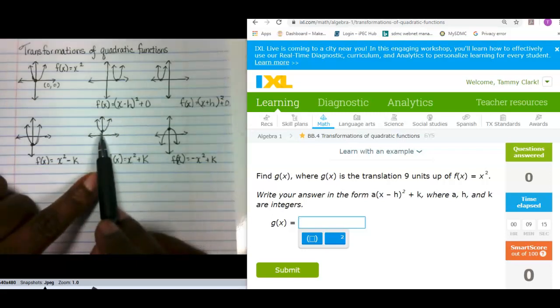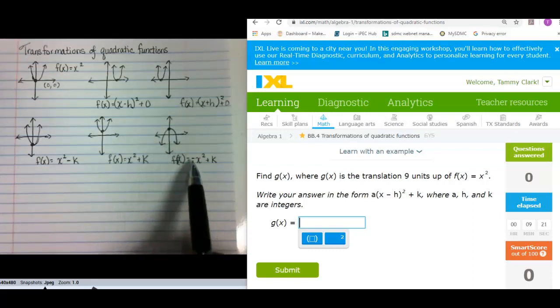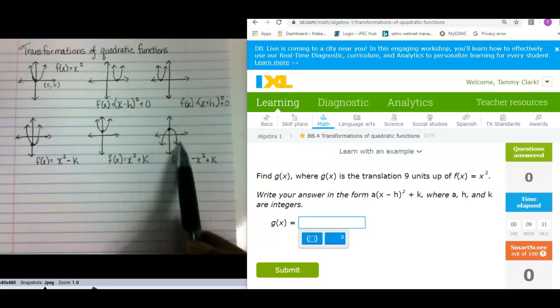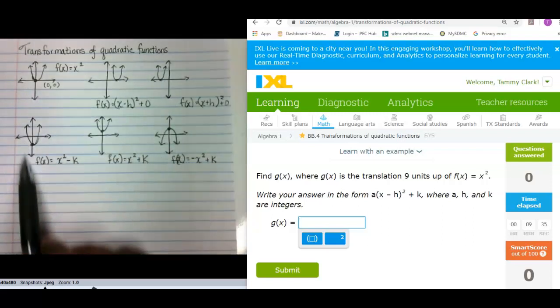Here, the parabola went up, so it's plus k. Here, it was a reflection of the quadratic, so I put a negative here, because if you remember from our notes, if our coefficient, which is an imaginary coefficient of 1 here, is negative, the quadratic frowns at you instead of smiling at you in these other examples.